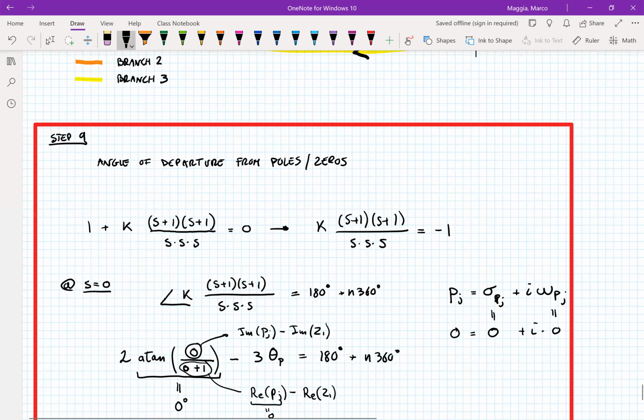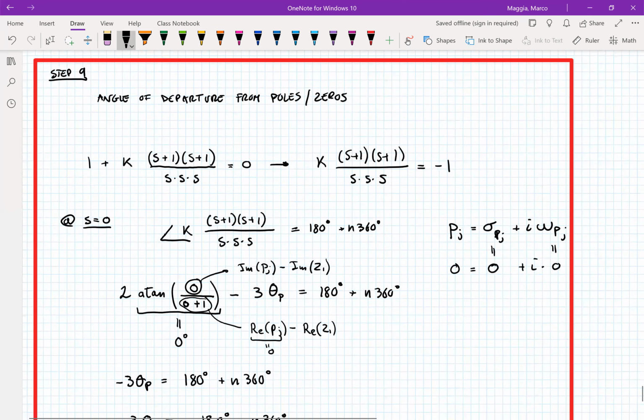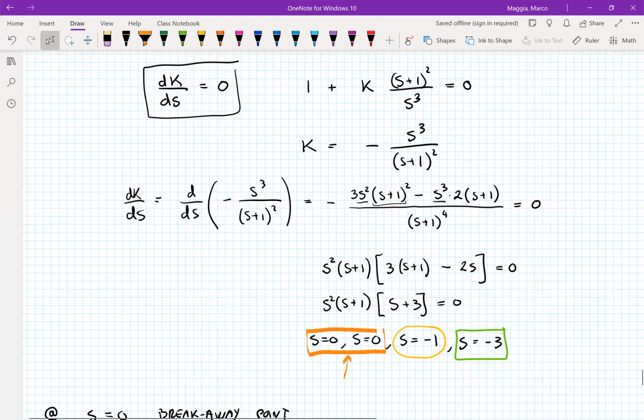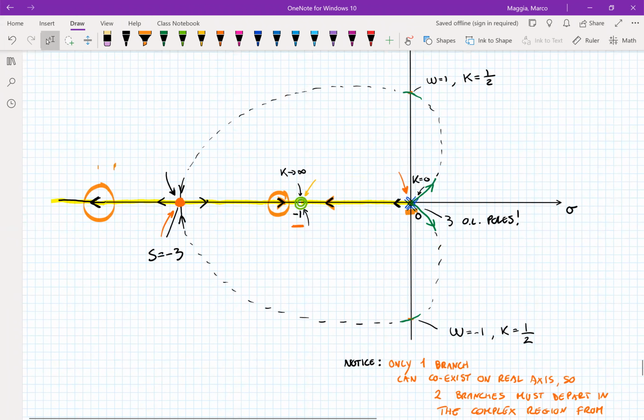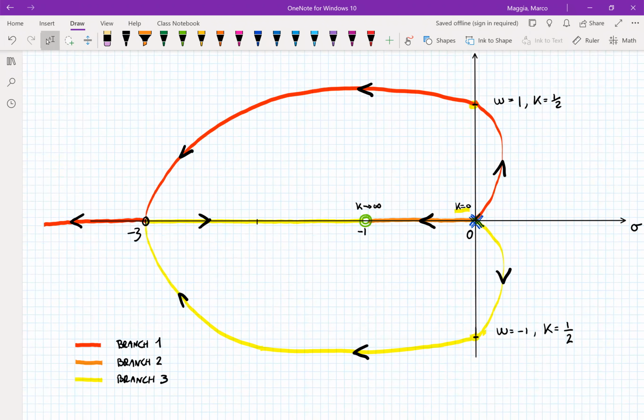Then here I also have the calculations for the angles of departure from open loop poles and zeros. And just as a rule of thumb, one thing that I want you to know is that when you have two branches coming in on the real axis, they always do so at a normal angle, so it's 90 degrees.